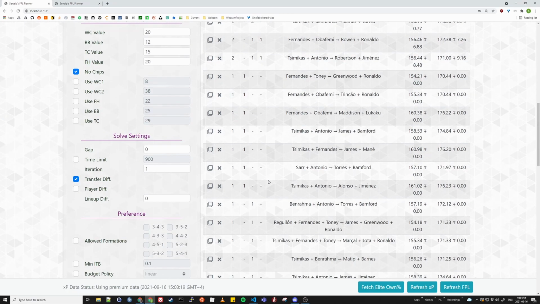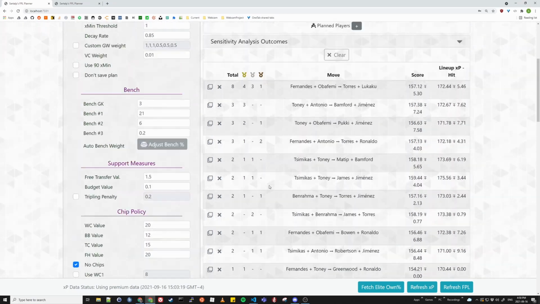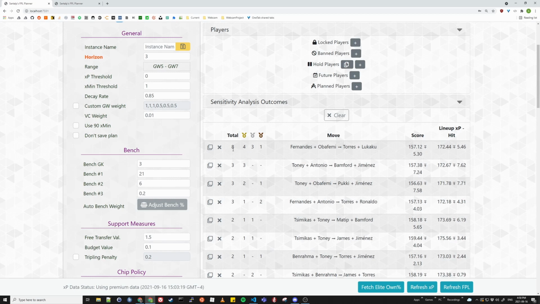Actually, I'm not sure if it is 10 or, yeah, should be 20. On the other hand, this solution appeared 8 times: 4 times as the best solution, 3 times as the second best, and 1 time as the third best. Using these, I can also see the standard deviation. Obviously, you need more samples to make sure this score is reliable.